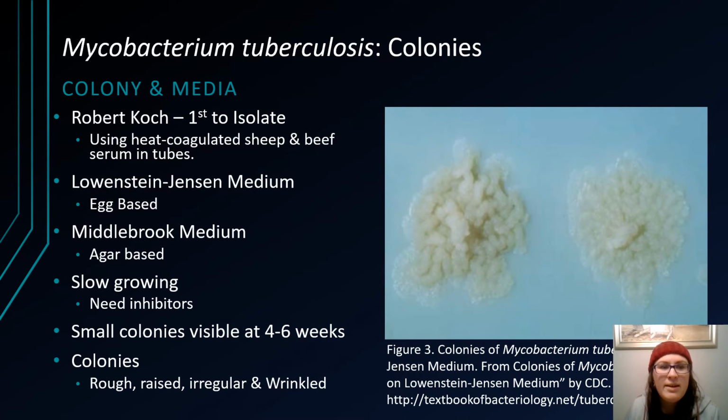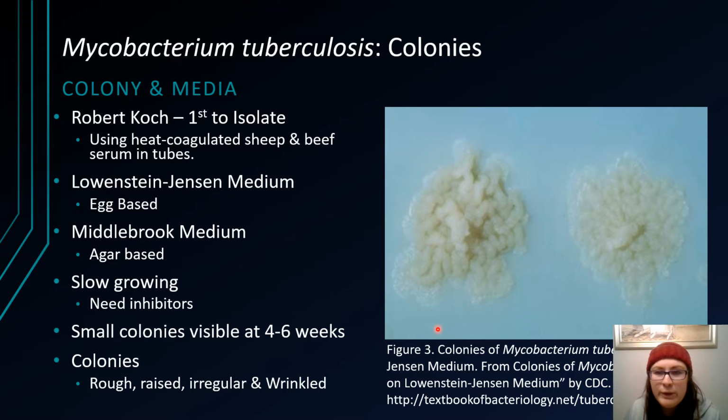Something interesting is that Robert Koch was the first to isolate Mycobacterium tuberculosis. As you can see here, there are 2 different media that are used currently: the Lowenstein-Jensen medium, which is egg-based, and the Middlebrook medium, which is agar-based. As you can see in figure 3, they used the Lowenstein-Jensen medium.